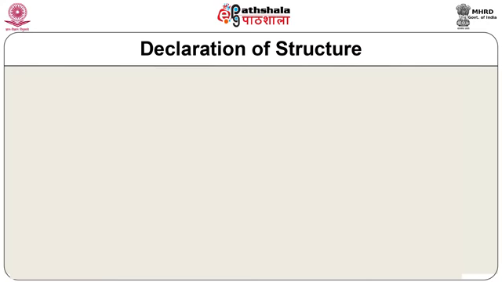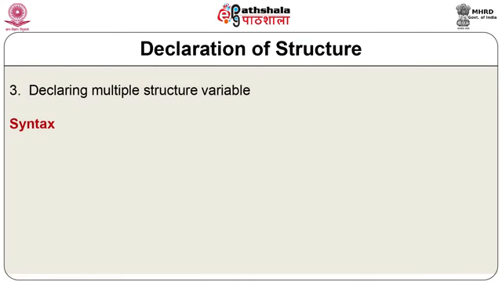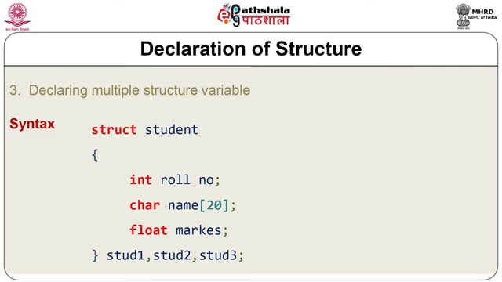Then third, declaring multiple structure variables. We can declare multiple variables separated by commas directly after the closing curly bracket. Let us see the syntax for this. The syntax is struct student. Under the body of the structure, we are using three fields: roll number, name and marks.